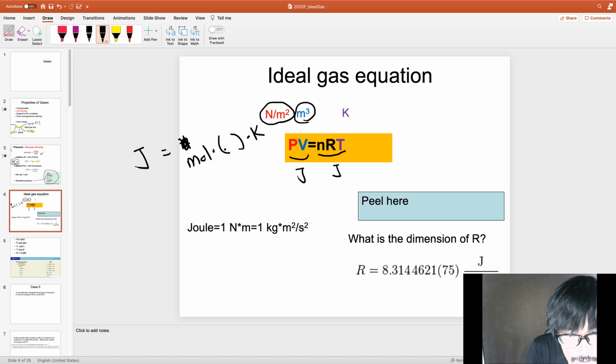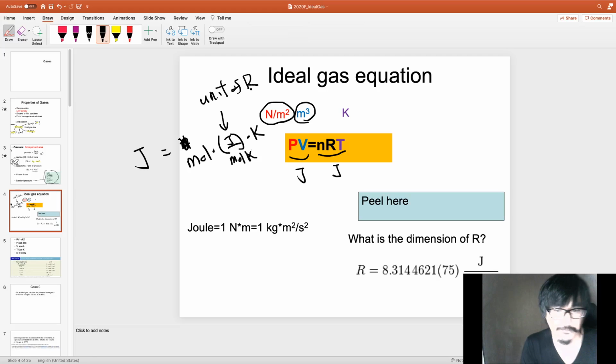So what's the stuff that has to go in here? That's actually the joule per mole Kelvin, right? That's the unit of R here.